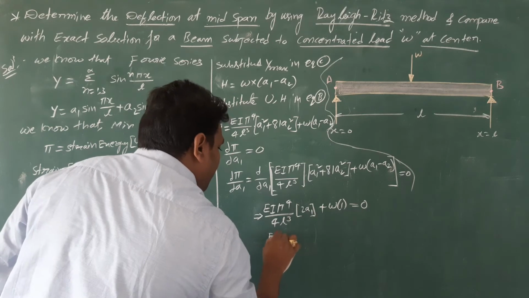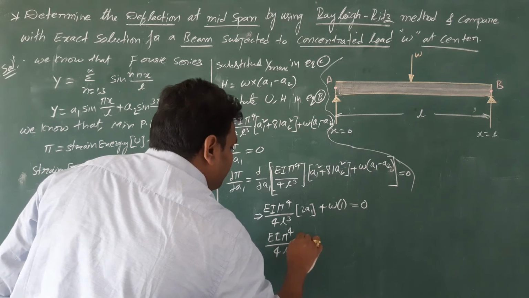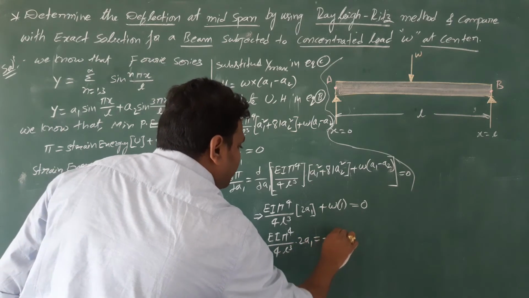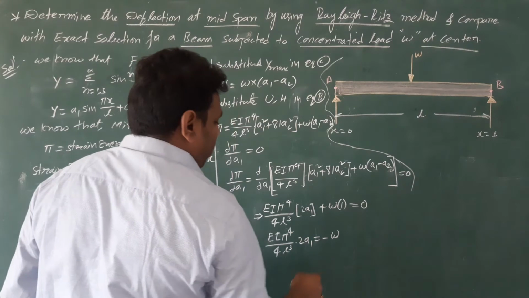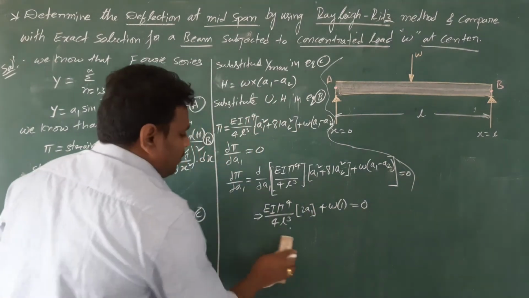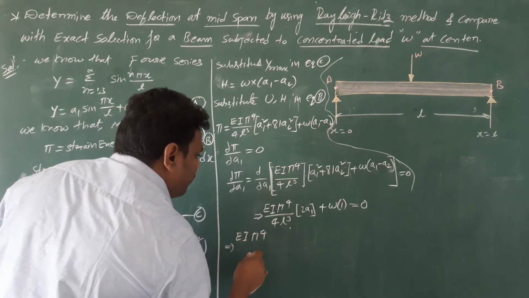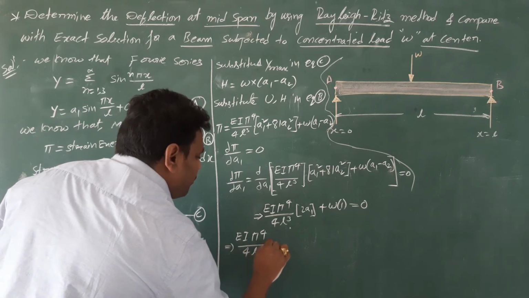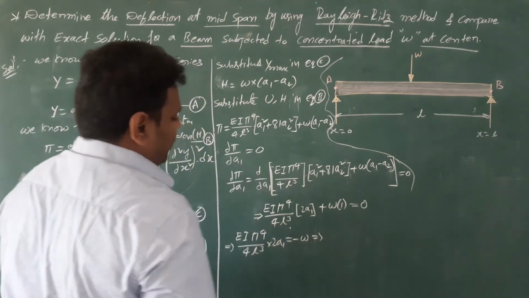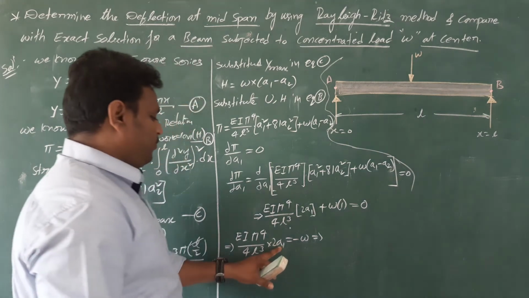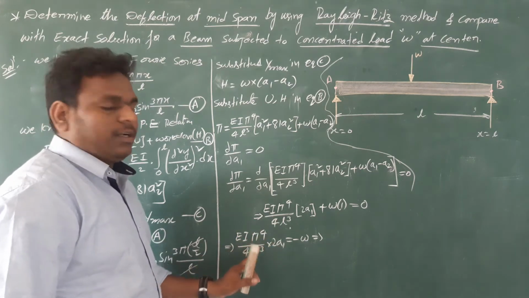Then EI π^4 by 4L³ into 2A1 is equal to minus W. Here we want only A1, that is the Ritz parameter, that's why I will send the entire component to the other side.